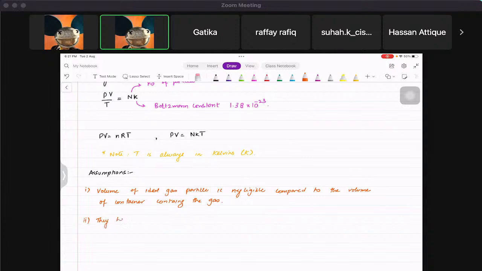The second assumption is they have no intermolecular forces between them. Basically, intermolecular forces are another word for electromagnetic forces. So basically what we're saying is that they are not attracted to each other or repelled by each other.